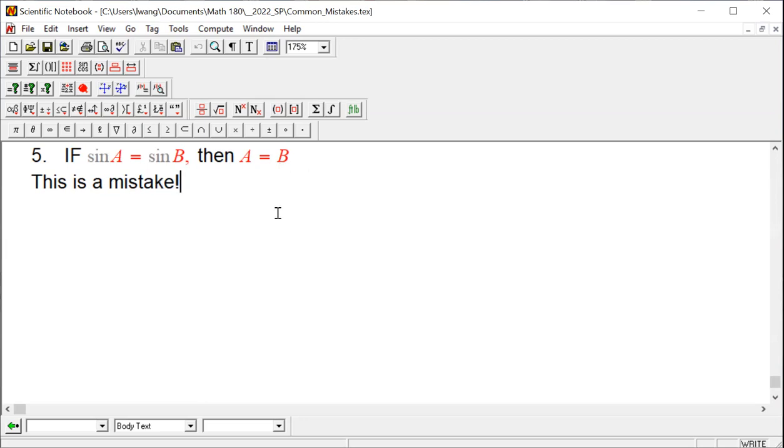Only a 1-to-1 function can have such a property. In other words, only for a 1-to-1 function, when the output is the same, then the inputs are the same.